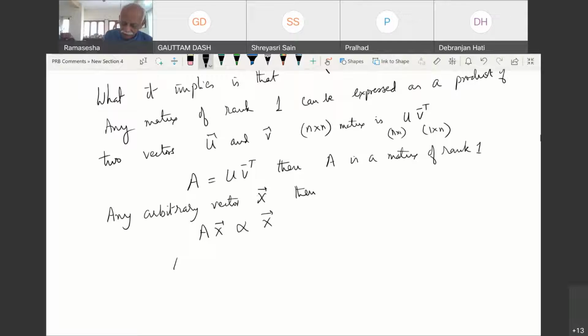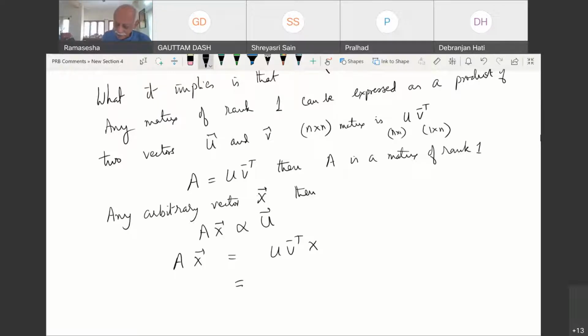Ax, where A is equal to U V bar transpose, times x, is proportional to u.